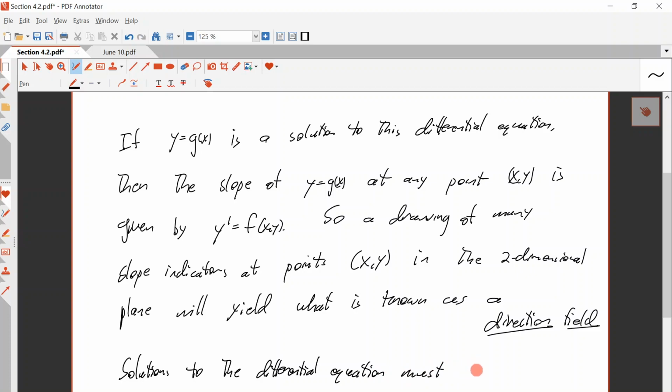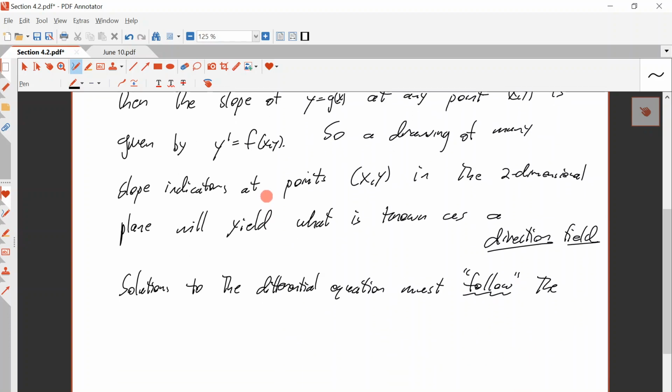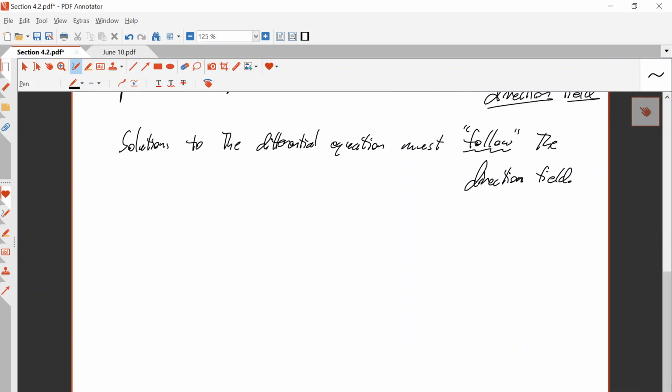Solutions must follow the direction field. Okay, so for example, what are we talking about here?